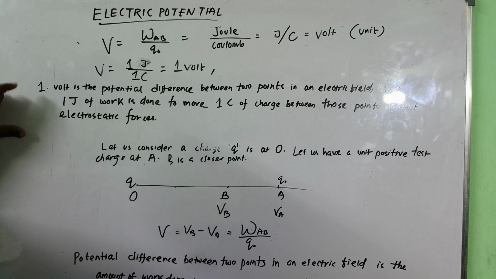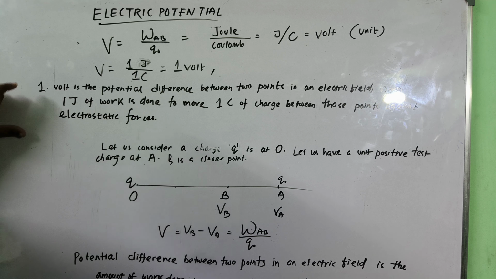So VB minus VA gives you potential difference, and this thing will give you the electric potential at B. So if we consider A to be at infinity, then the electric potential at A is zero, and only then we get the potential at B. So what is the work done?